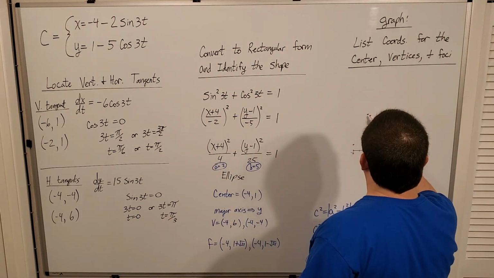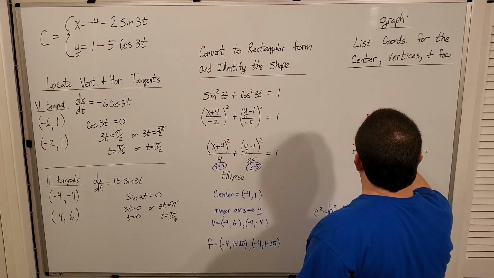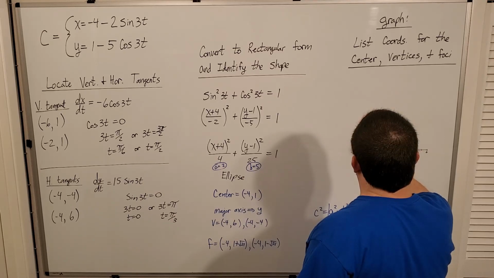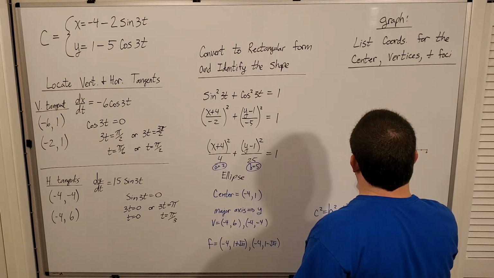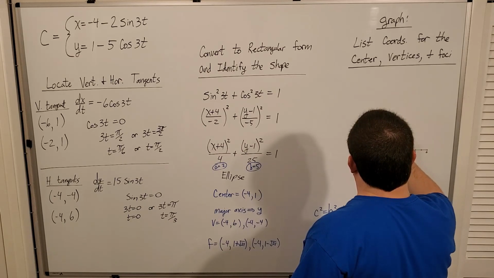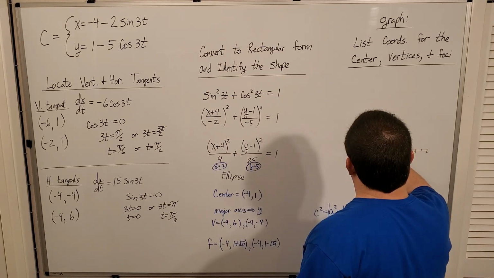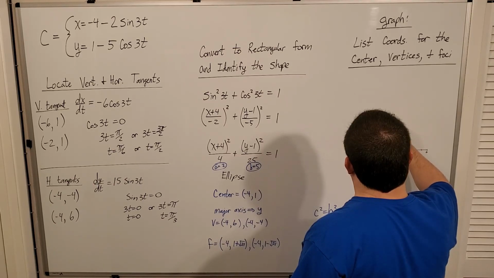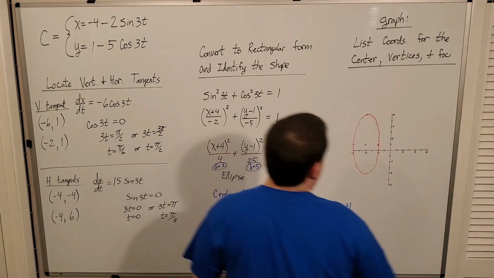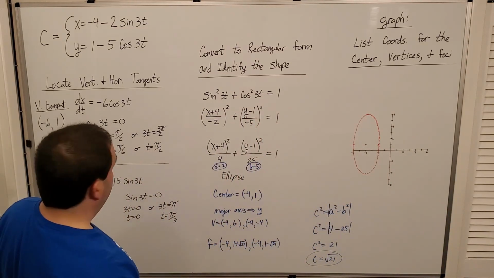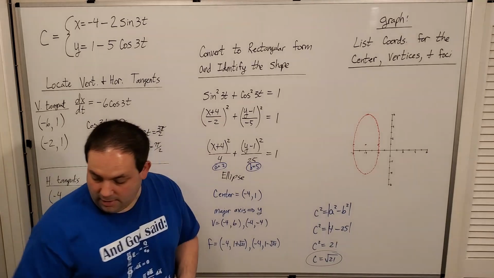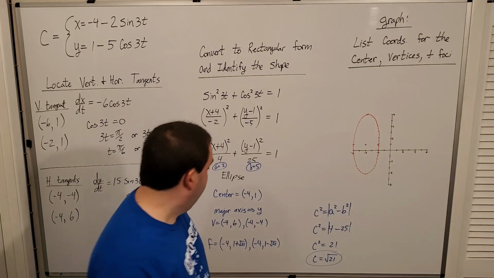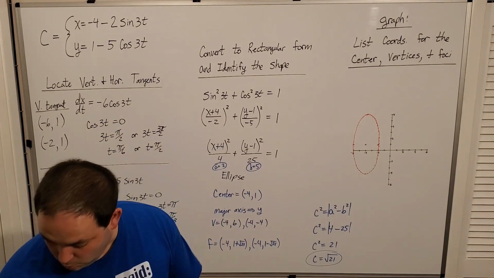So here we go. Let's see how good I can do. Okay. Now, the foci are going to be located at the square root of 21 distance there.